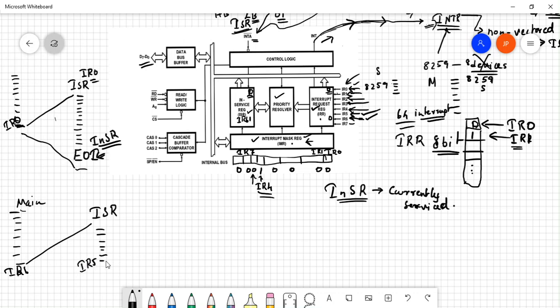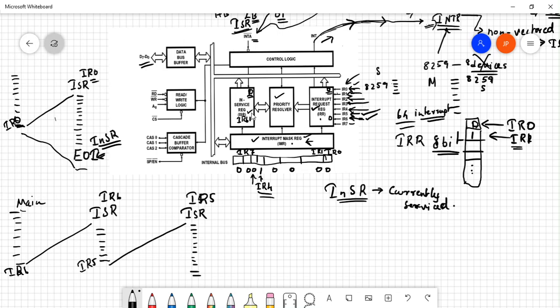The 8259 gives the interrupt, it will stop the current execution, it will finish the current instruction and it will stop at that particular point. It will jump from the ISR of IR6 to the ISR of IR5, right? It will execute the instructions in IR5, it will finish the instructions.